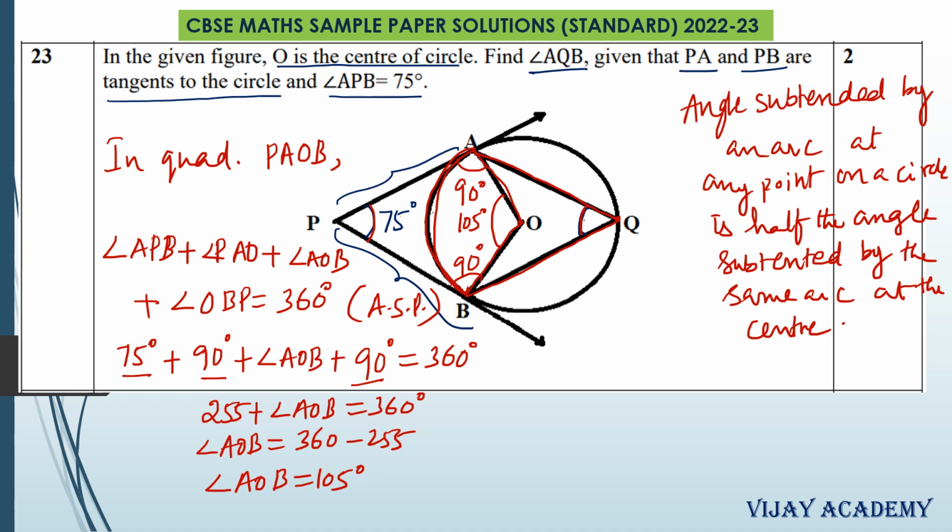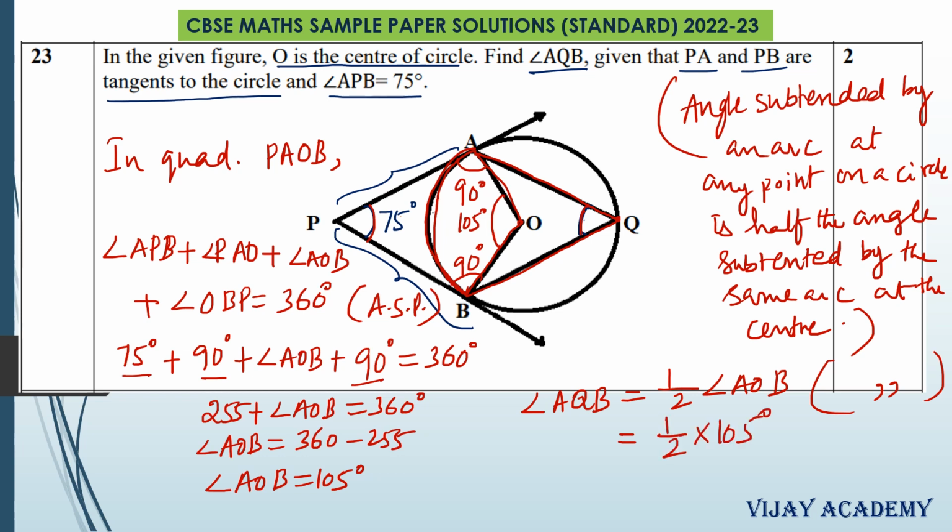So now we can write directly, angle AQB is equal to half the angle AOB, and write the theorem as the reason over here. Then substitute angle AOB, half into 105 degrees, which is equal to 52.5 degrees, that is angle AQB.